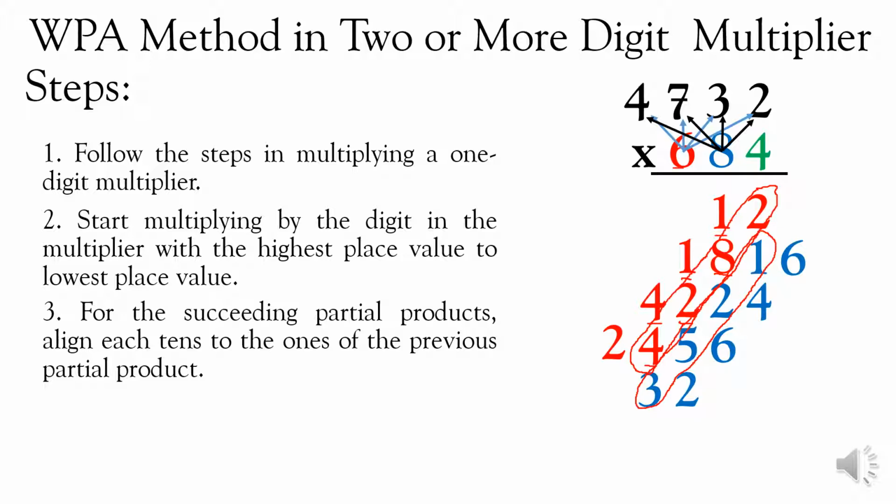So we are exactly following the third step. The ones of the previous partial product are in line with the tens of the succeeding partial product.